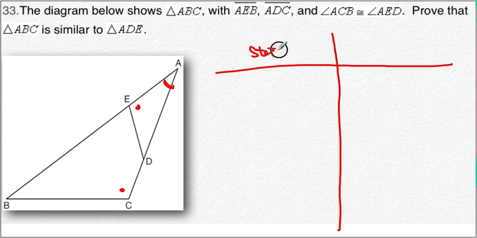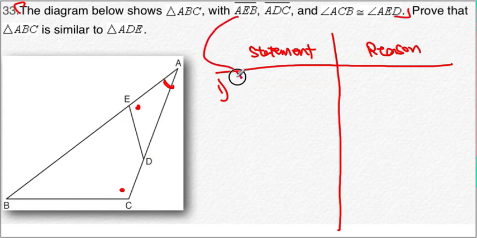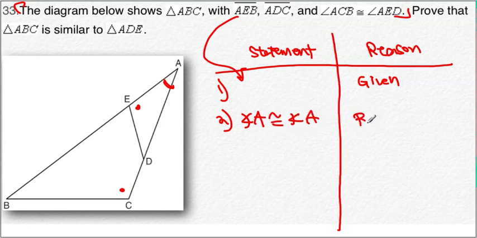So here's the statement and reason. The first one is, let us assume that we put all this statement right over there, and then we call it given. How about the second one? We get to realize that angle A is congruent to angle A by the reflexive property.